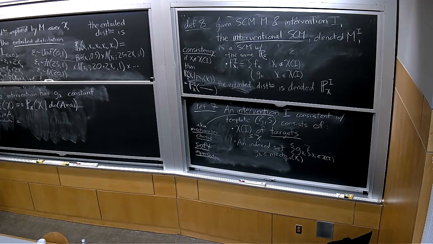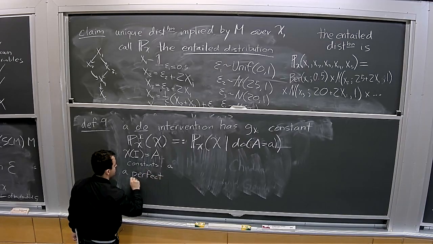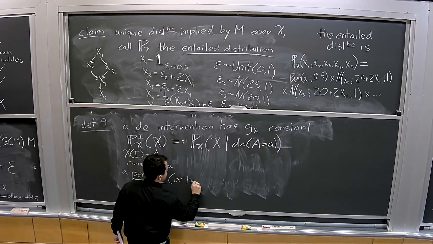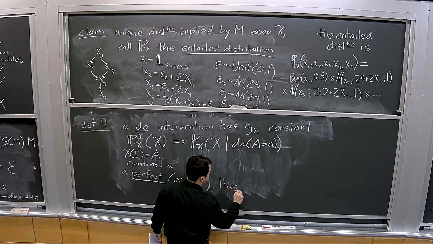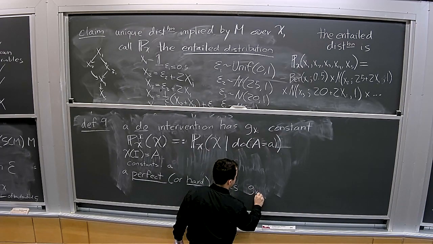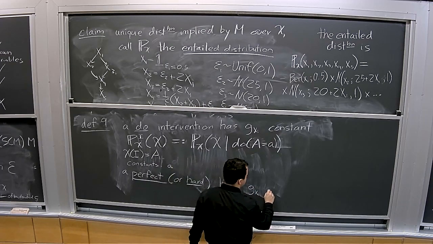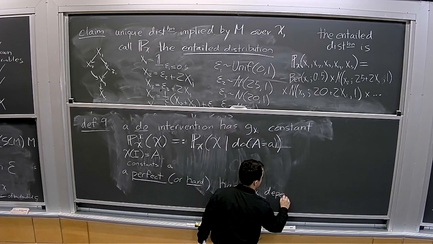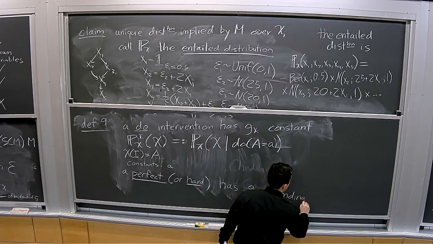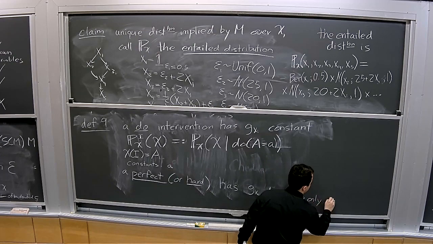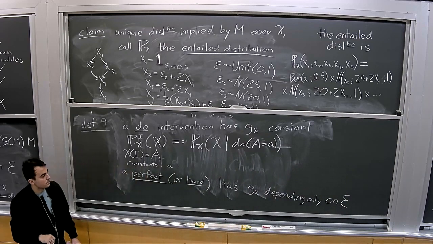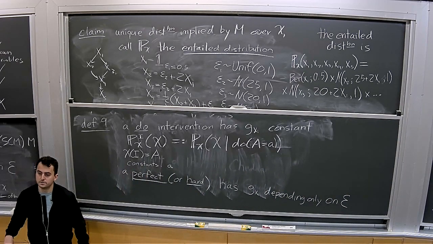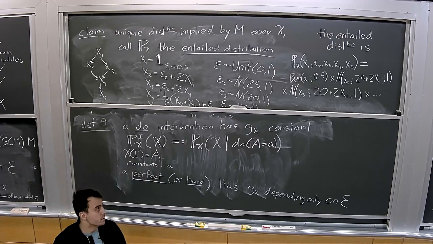But a perfect intervention, sometimes also called a hard intervention, still allows for some randomness. So it has g of x_i depending only on the exogenous variables. So I cut off all the dependence from the parents, which are endogenous variables.